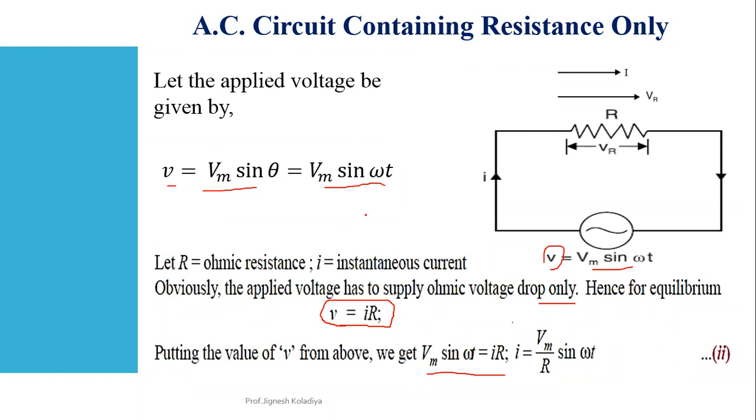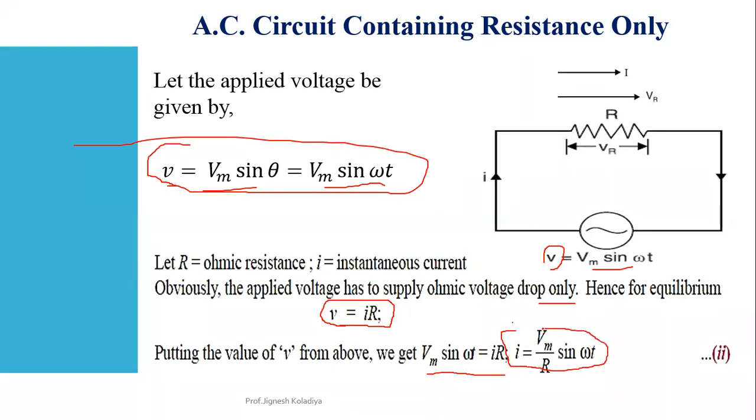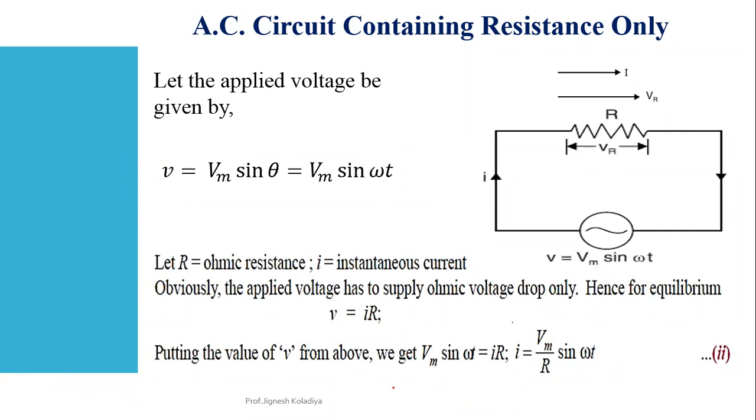So already I know the voltage equation, V equal to Vm sine omega t, right? So from this I can get the value of current. I is equal to Vm by R, because you just take R over here. So I am getting I is equal to Vm upon R into sine omega t.